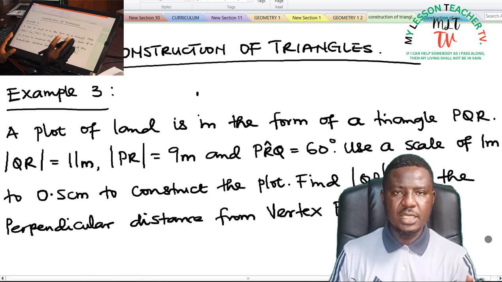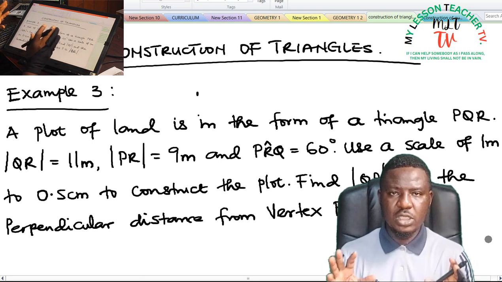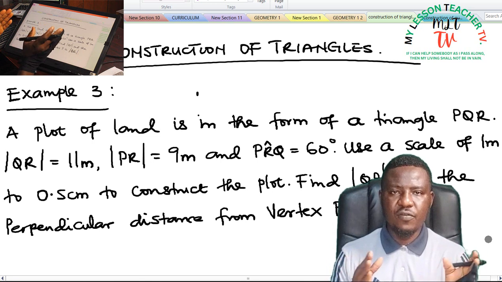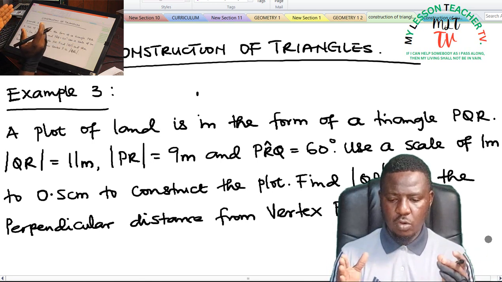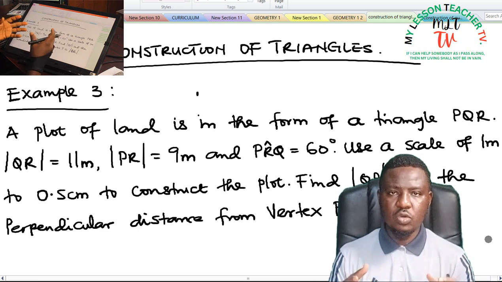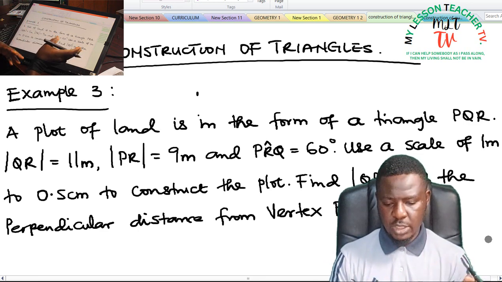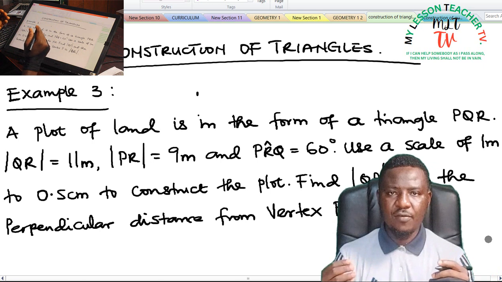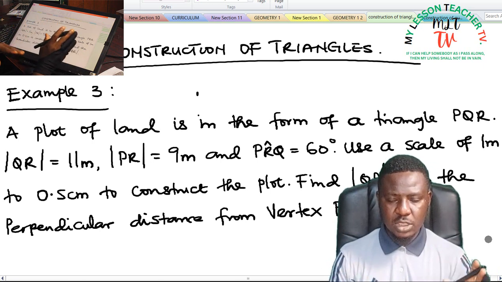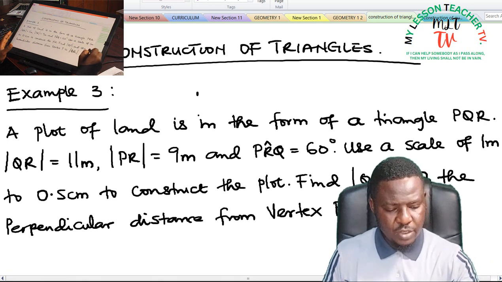Just like I said in the previous example, when solving questions like this that have to do with construction, you should first of all have a sketch of your question, and thereafter you then use your instrument to construct them to scale. So we are going to have a sketch of this question that will guide us in constructing the given triangles.